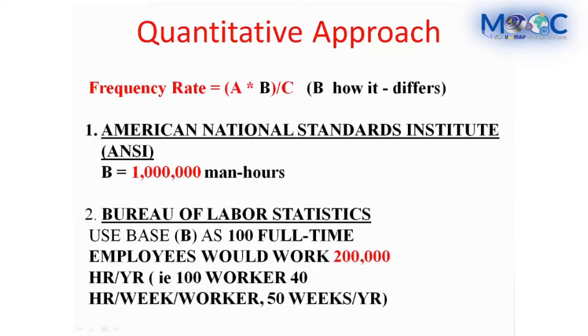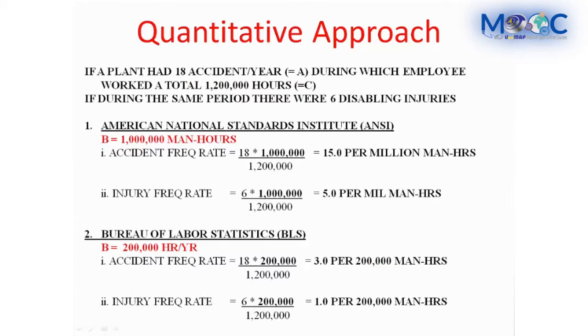Let us look at the example of frequency rate calculation. A plant had 18 accidents per year, during which employees worked a total of 1.2 million hours. And during the same period, there were 6 disabling injuries.